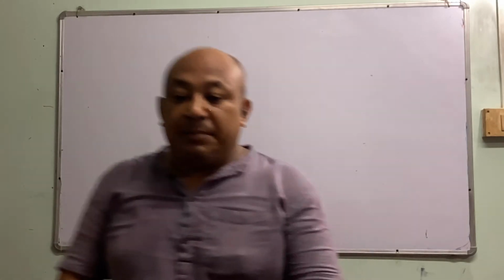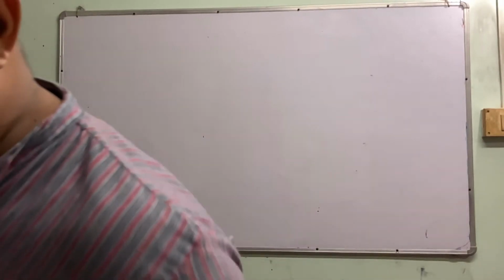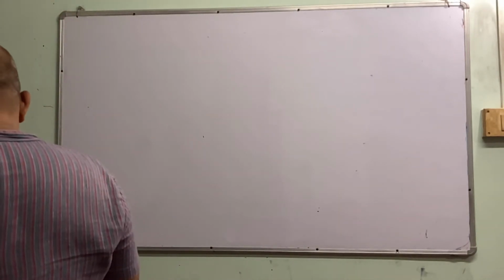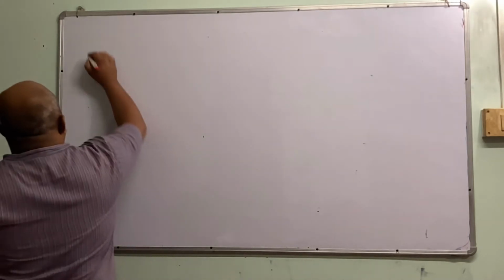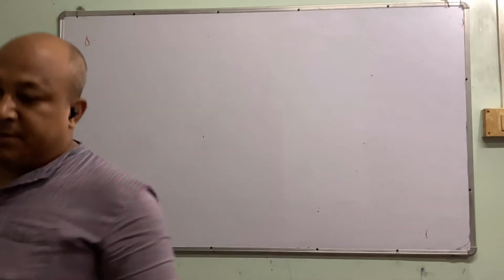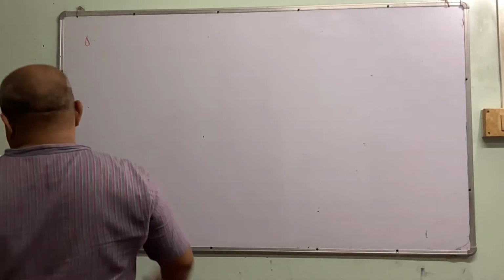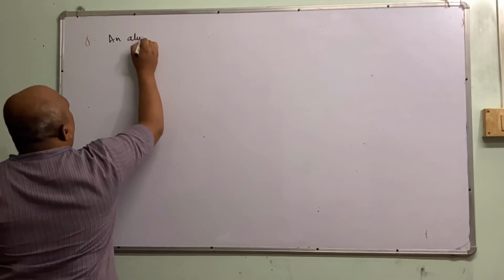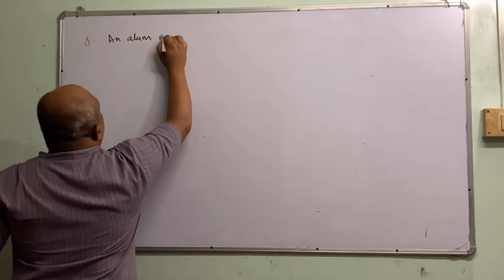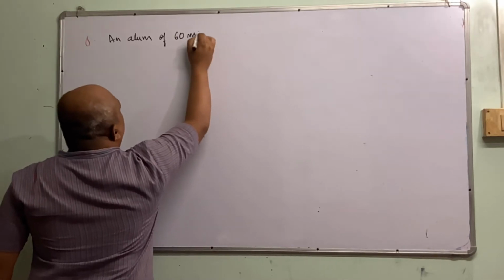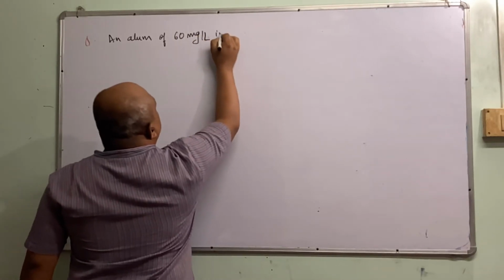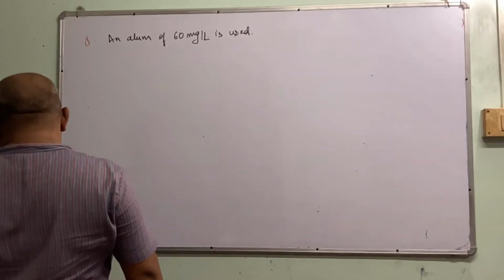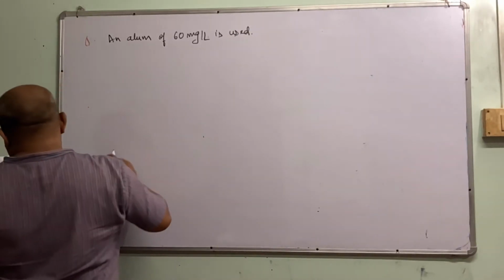Okay, now let me solve one problem. A simple question is there. Question is, an alum dose of 60 milligram per liter is used for coagulation. I won't write it fully.